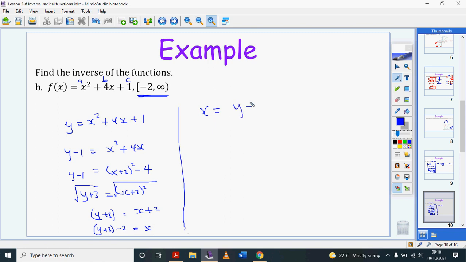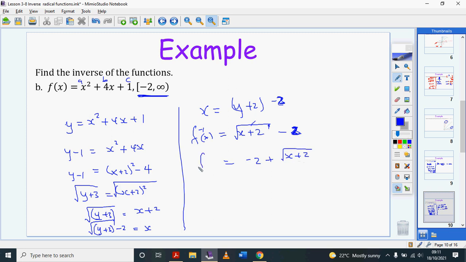Sorry, I took the square root only on this one. Where's the minus 3 coming from? Okay, so if I don't want to confuse this to make it look as if the 2 is inside, I'll just write it first: negative 2 plus the square root of x plus 3. That's the inverse of my function.